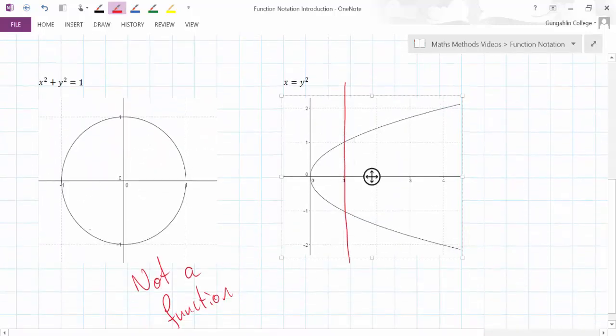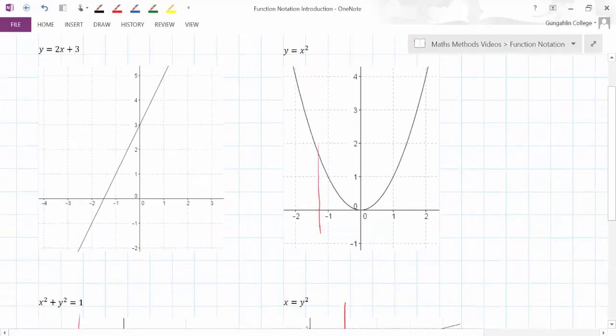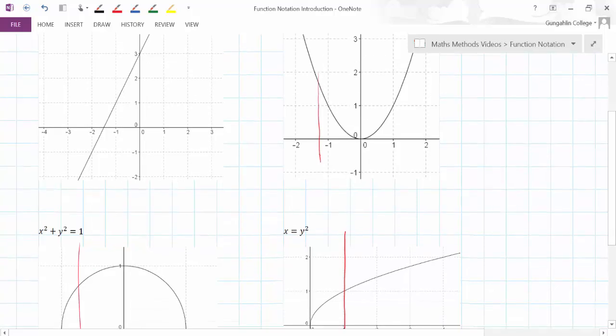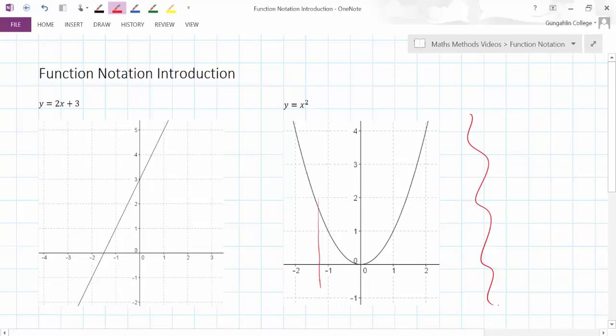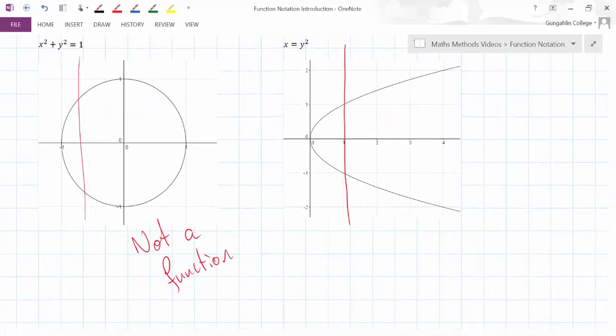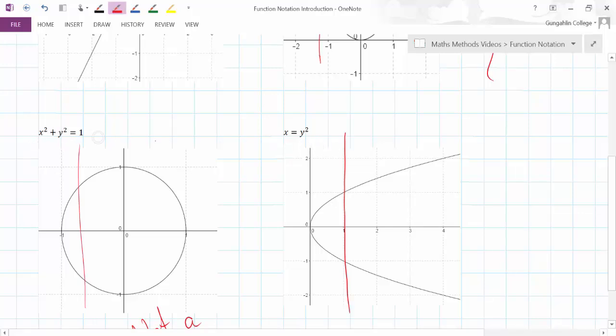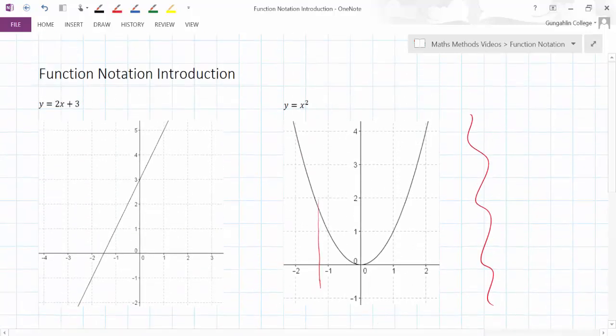And we say they fail the vertical line test. So function notation is a way of expressing these kinds of graphs, equations in a particular way. You can't use function notation on things that aren't functions. That's the first thing to understand. In the next little clip, we'll talk about exactly what function notation looks like and why we would want to use it.